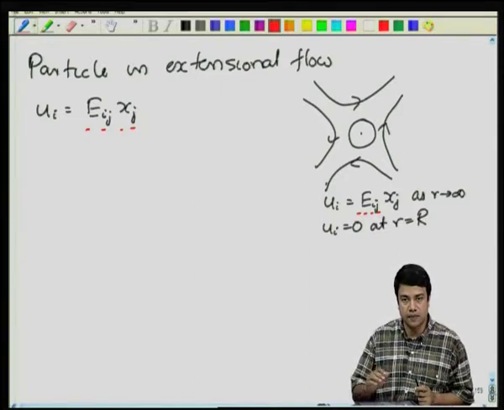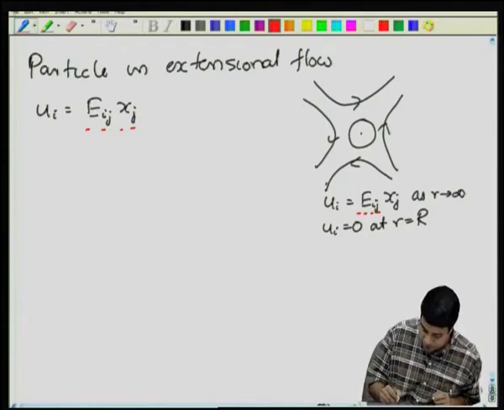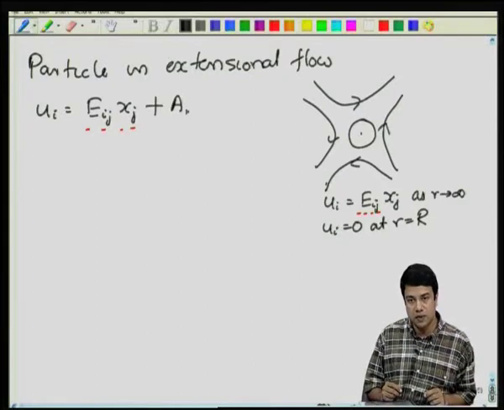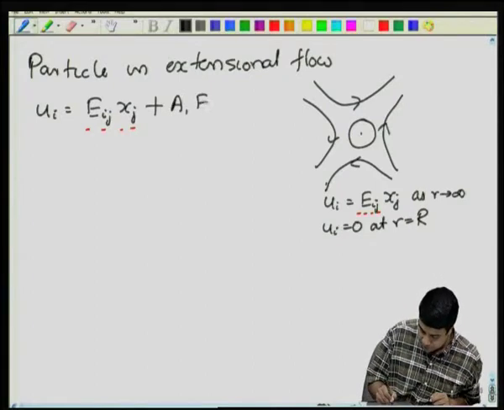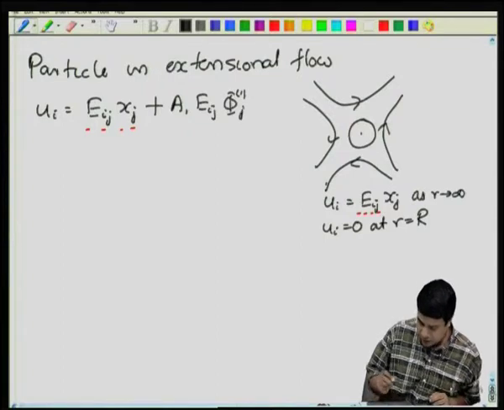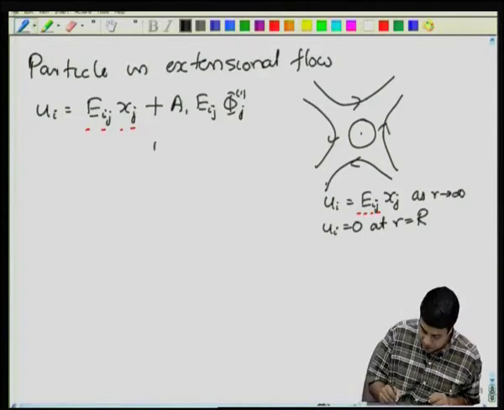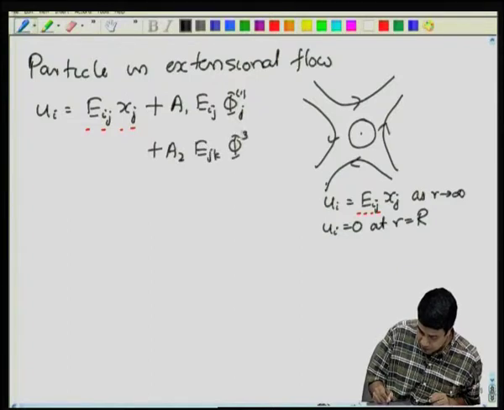From the second order tensor I can have a velocity vector created in two ways: Eij dotted with a vector, the decaying spherical harmonic, plus A2 Ejk phi 3 Ijk.